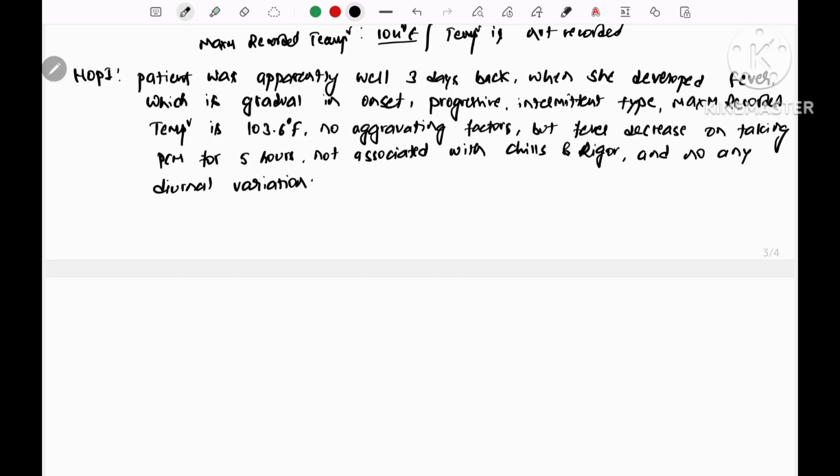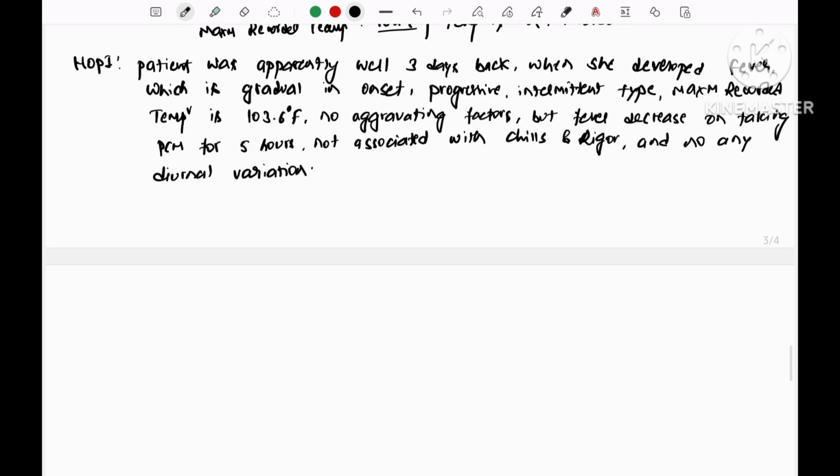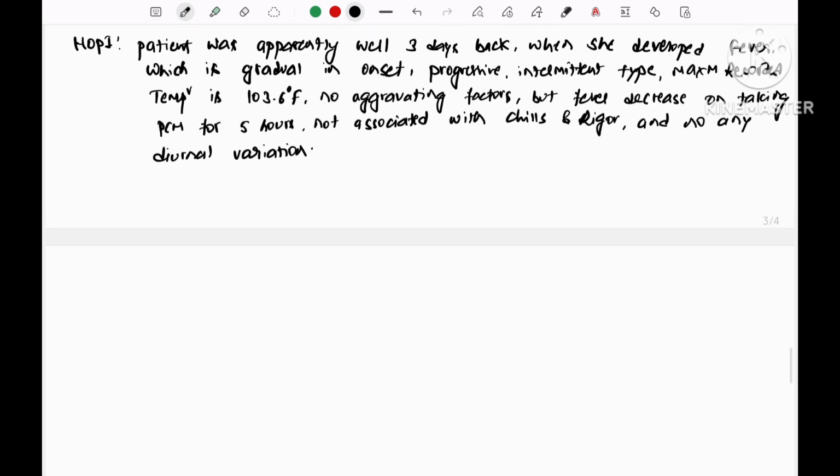Because in tuberculosis, the fever usually has an evening rise, so we write evening rise of temperature in case of tuberculosis. So we also have to ask the patient whether the fever is present in the morning, daytime, afternoon, or at any time. In this way, the patient's first chief complaint is explained. Now, in the same way, we have to explain the abdominal pain also.